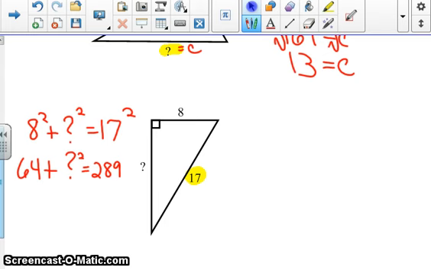Subtract 64 on both sides. I have question mark squared equals 225, which means that my missing side is the square root of that, which is 15.